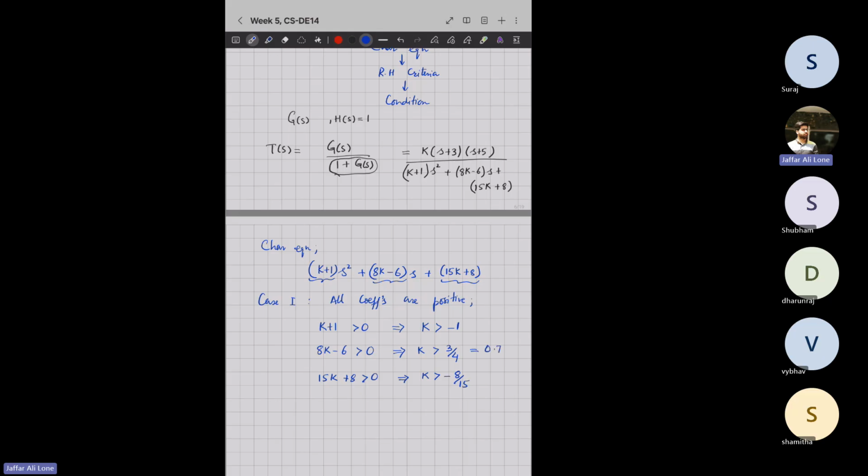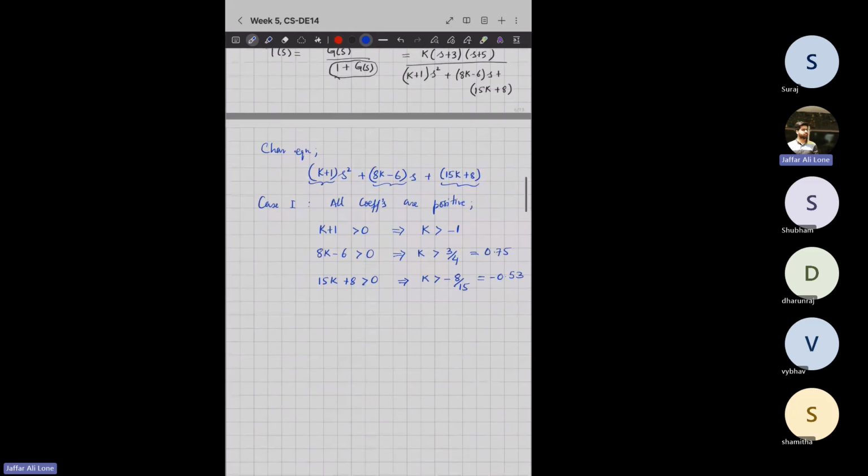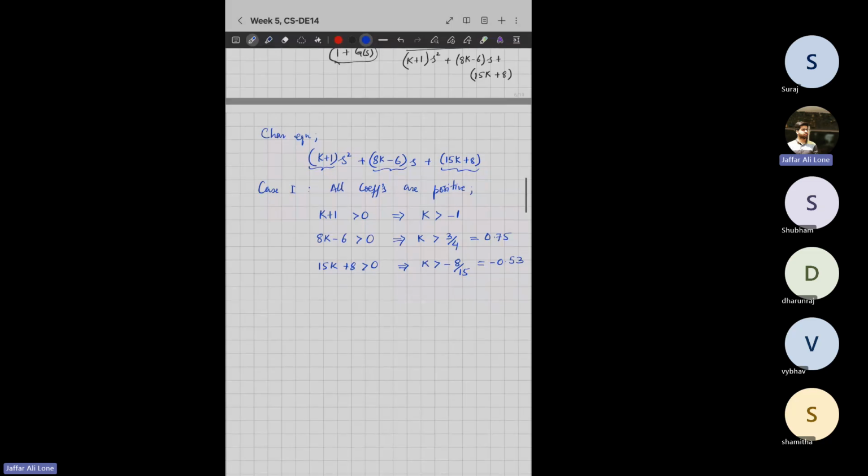This is 0.75, and this is minus 0.53. Now see, we can see the range from here.